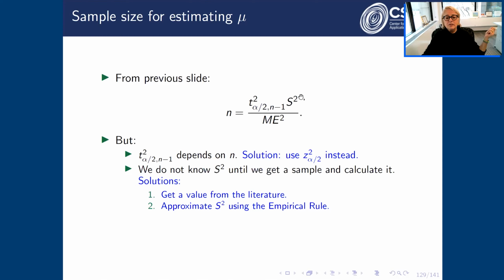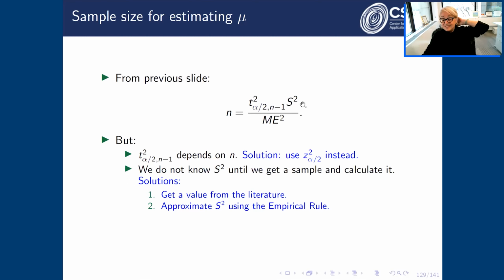And we also need to have an estimate of the variability in the population. In the case of the proportion, we had to know p, or we had to have some sort of sense of what p was going to be. Here we have to have a sense of what the variability of the variable that we're using is in the population.